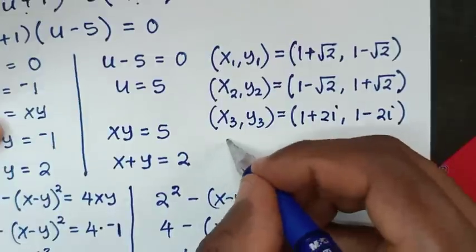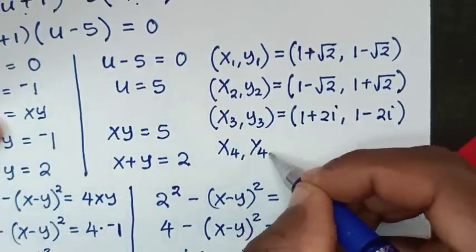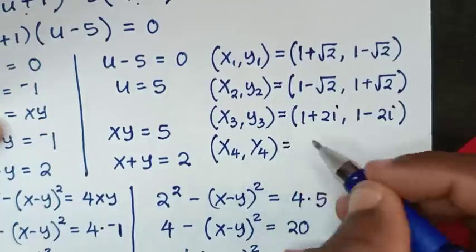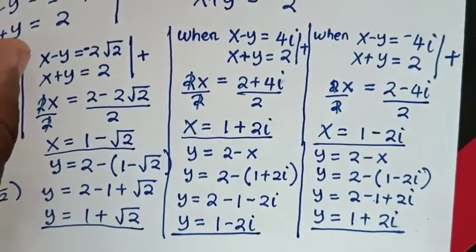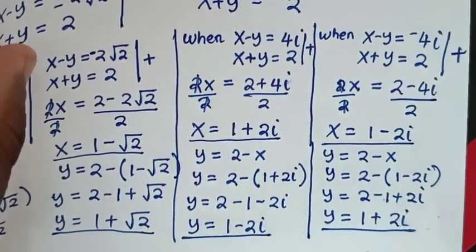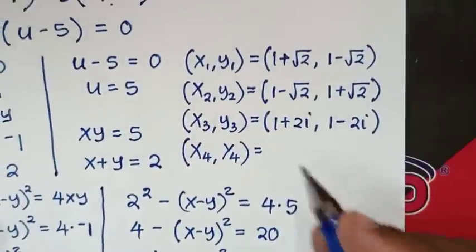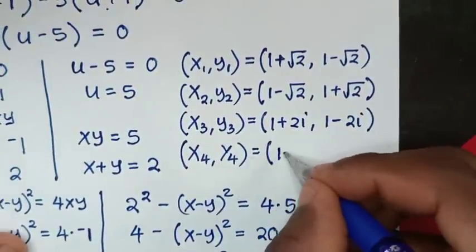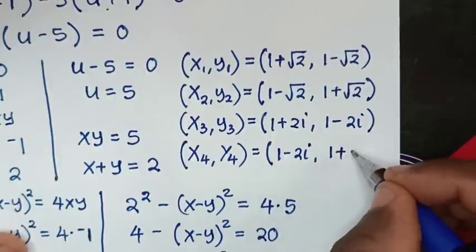And for the fourth solution, x4, y4 is equal to, for this solution, x is 1 minus 2i, y is 1 plus 2i. So bracket 1 minus 2i, comma 1 plus 2i.